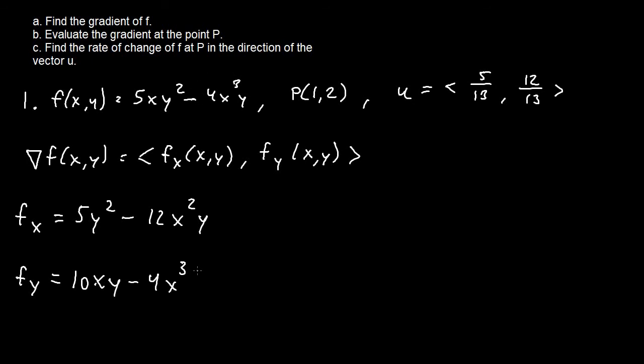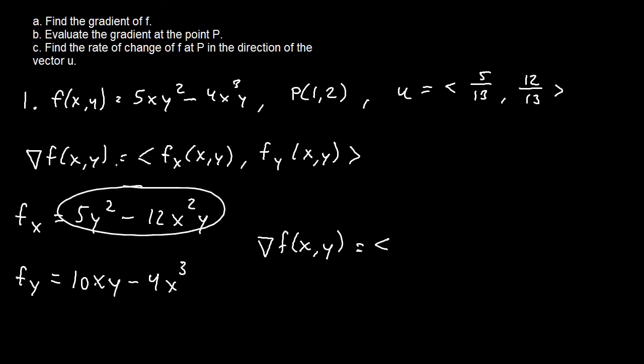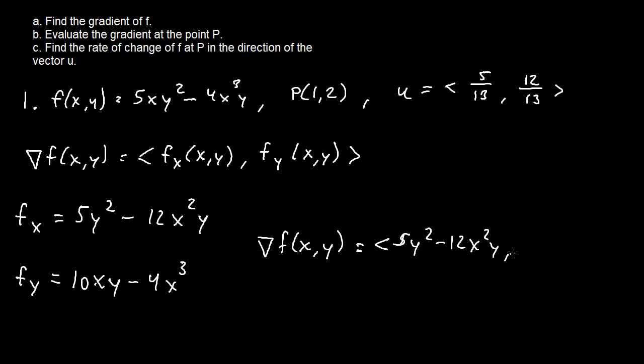And so if we were to write the gradient vector here, the gradient vector in its component form is going to be equal to the x component, which is f sub x, which we have found to be 5y squared minus 12x squared y, comma, the y component, or f sub y, which we have found to be 10xy minus 4x cubed.